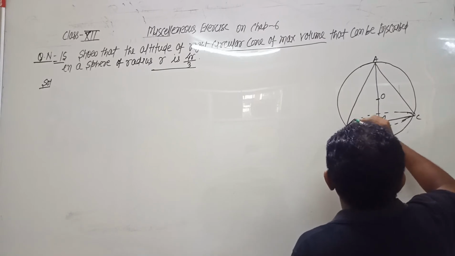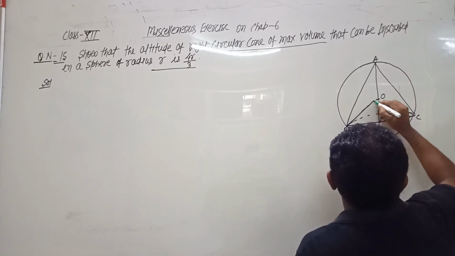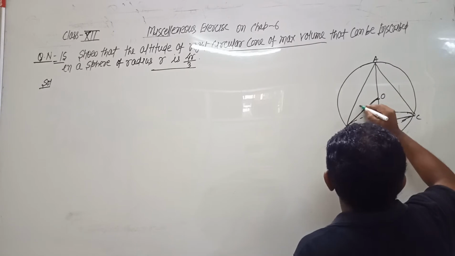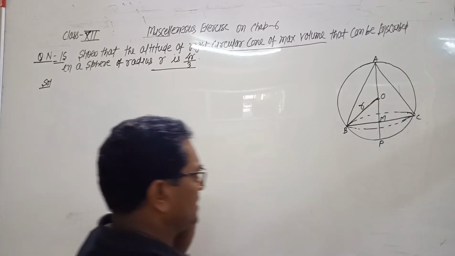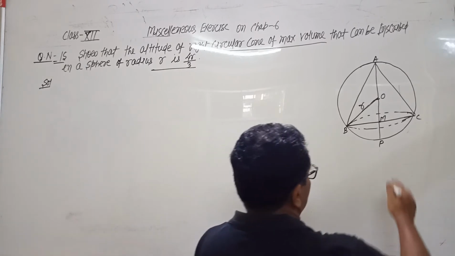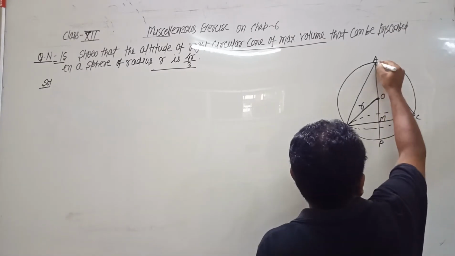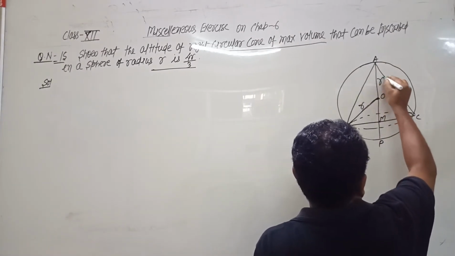This is the radius of the sphere, small r. The radius of the sphere is small r.